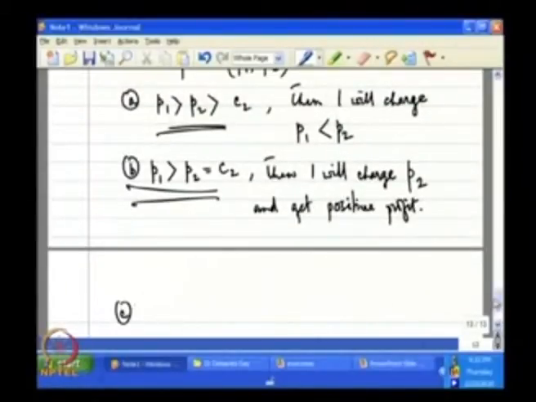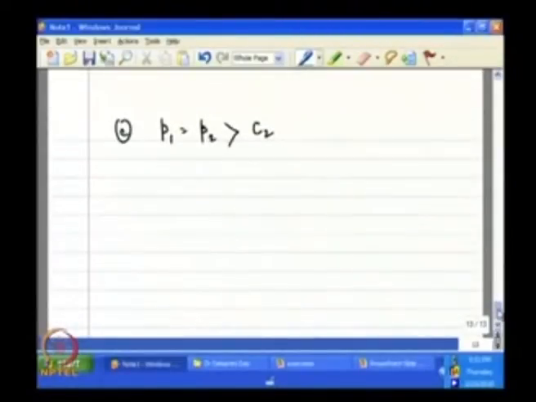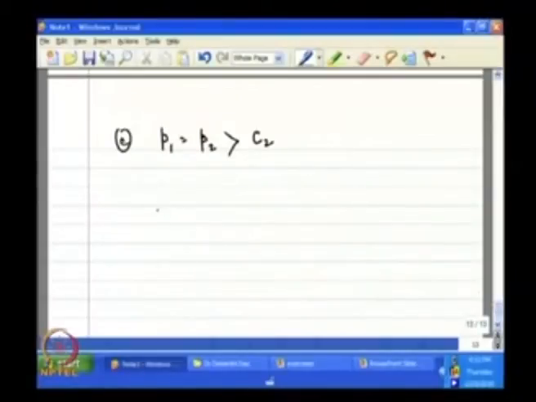Case C: can it happen that P1 is equal to P2 and both are greater than C2? Well, in this case both the firms are getting some positive profit and the market is split.